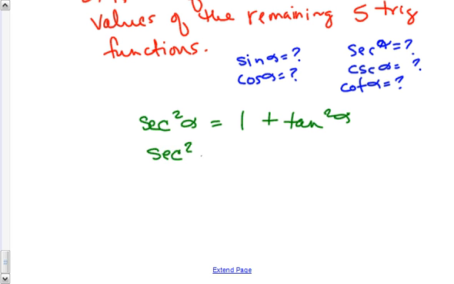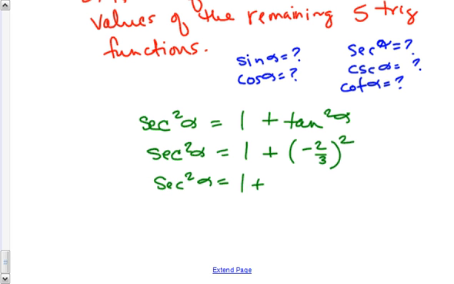Secant is equal to 1 plus, what's our tangent? Negative 2/3, so I can take out tangent and replace it with negative 2/3. But it's going to be squared because it's a squared. What is negative 2/3 squared? 4 over 9.